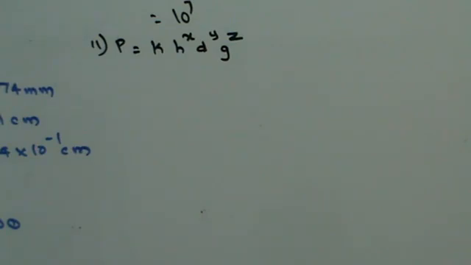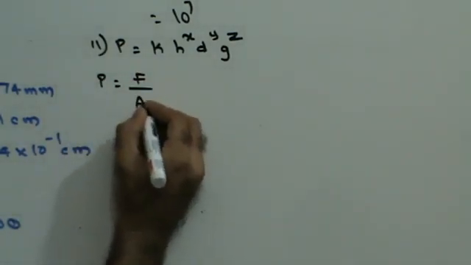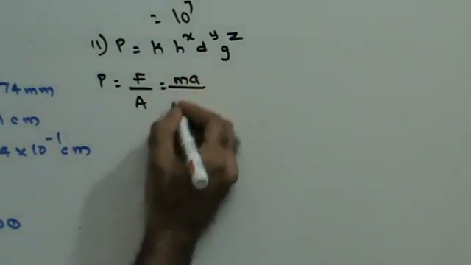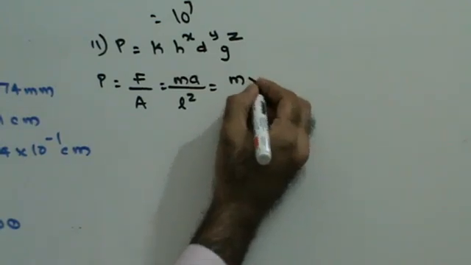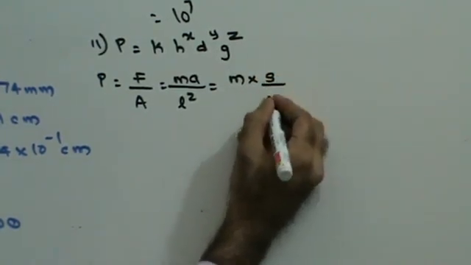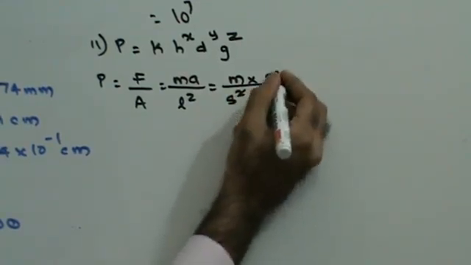Now this is similar to that kinetic energy sum. Right? Pressure is defined as, guys, pressure is nothing but force upon area. Force is mass into acceleration, area is length square. Acceleration is displacement upon time square.